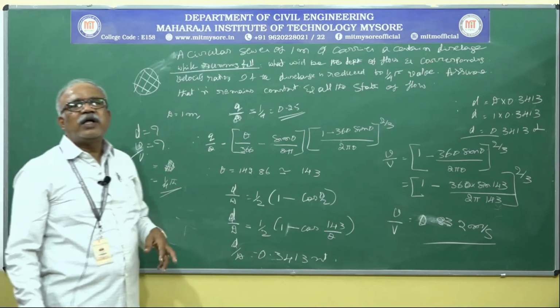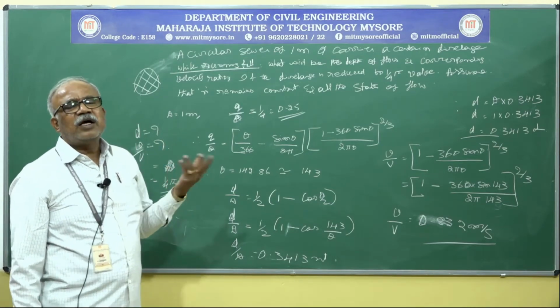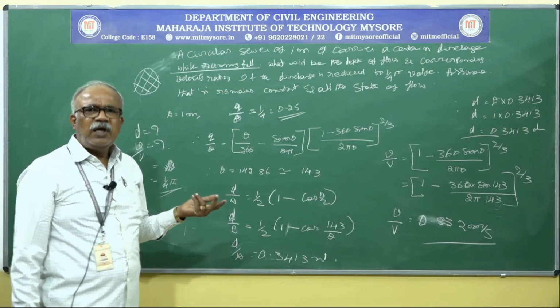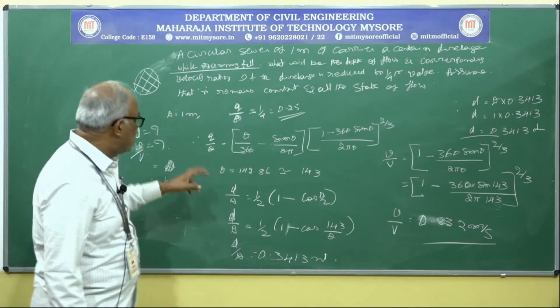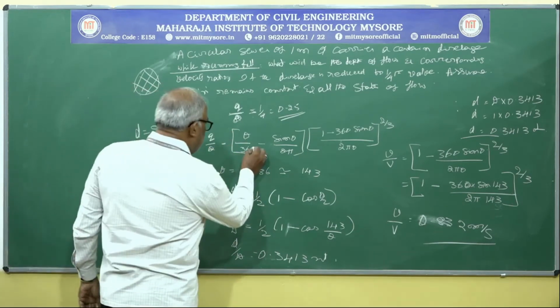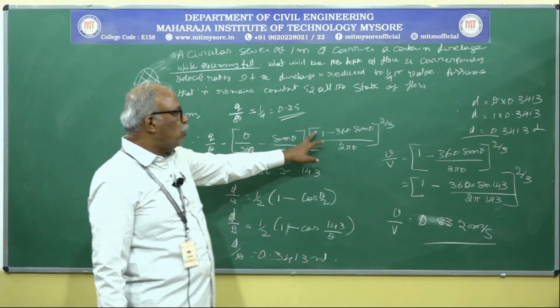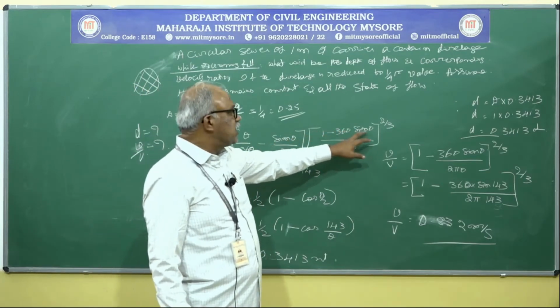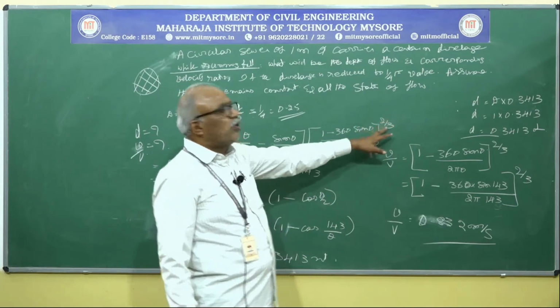Already I mentioned very clearly what all the proportionate equations we have to use for calculating, either velocity, radius, or diameter, like this. So small q by capital Q is equal to theta by 360 minus sin theta divided by 2 pi, into 1 minus 360 sin theta divided by 2 pi theta, whole to the power of 2 by 3.